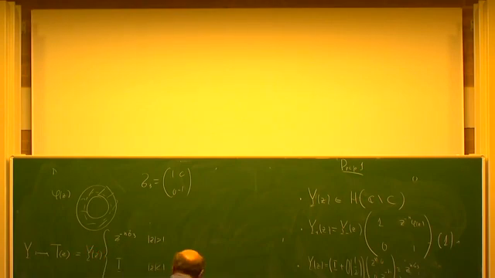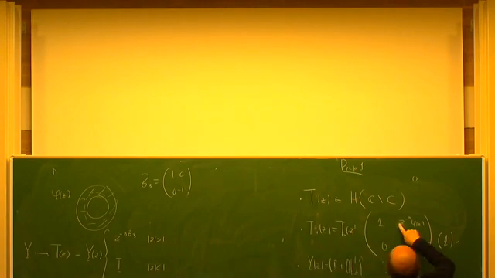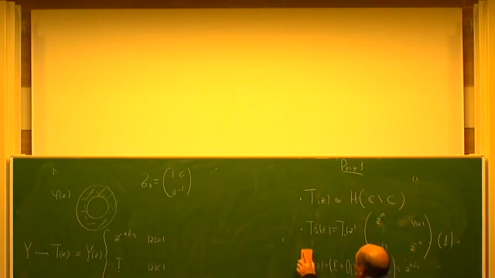Then for T, the z would be killed, but in fact it would appear here, z to the n, z to the negative n. And because the contour is the circle C, Y exists at infinity.